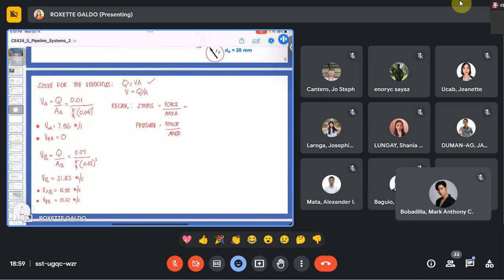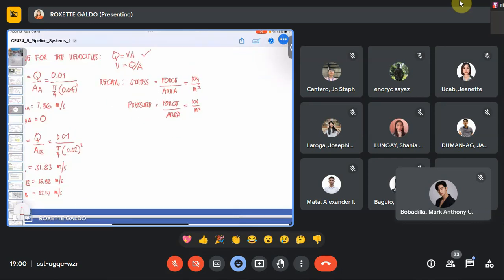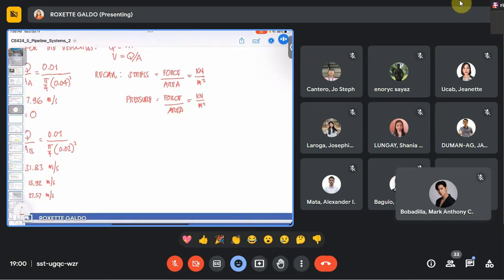They have the same units. The unit for stress is kilonewton per square meter, and the unit for pressure is also kilonewton per square meter.